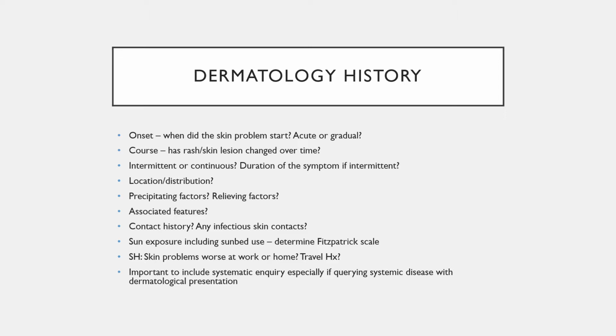Also social history is fairly important within dermatology because you can often find patterns of whether or not the skin condition is related to whether they're traveling, anything at work, anything at home, which may give indications as to whether there are any environmental factors contributing to it. Very important in dermatology to do a bit of a systematic inquiry because often dermatology conditions can be related to various systemic diseases.